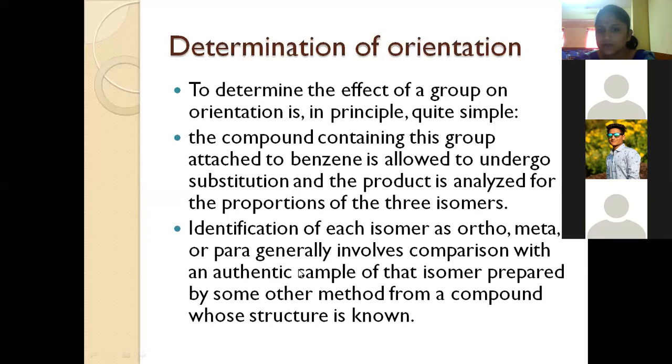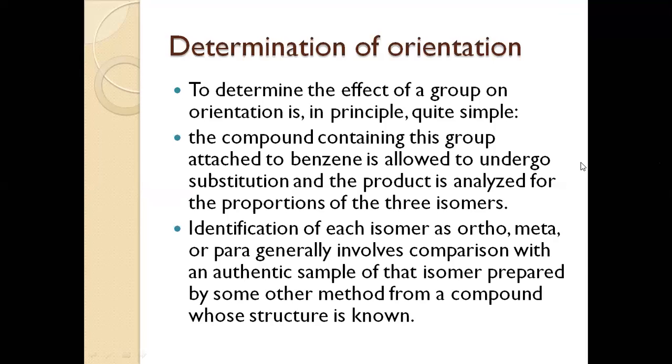So they are going to form isomers. What isomers? Ortho isomer, meta isomer or para isomer. Identification of each isomer as ortho, meta or para generally involves a comparison with an authentic sample of that isomer, which is prepared by some other method from another compound. Now what are these?